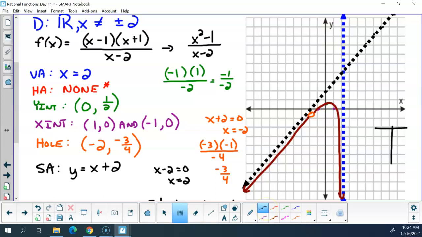Let's see, that's 2. 3 squared is 9 minus 1 is 8, over 1, so I get 8. 4 squared is 16 minus 1 is 15, over 2, 7.5. 5 squared is 25 minus 1 is 24, all over 3, back to 8.